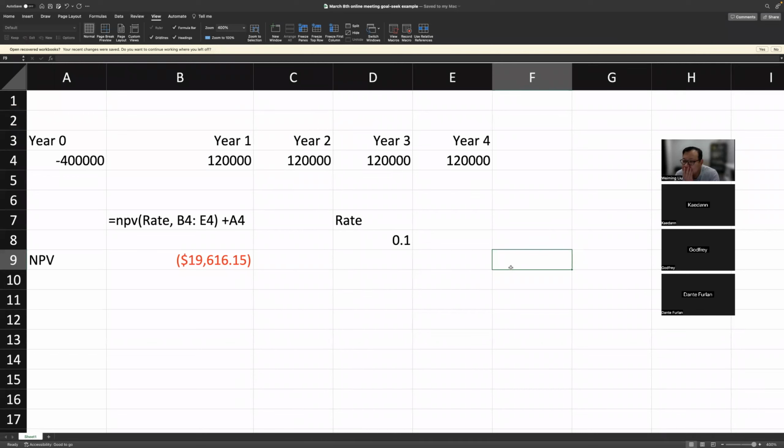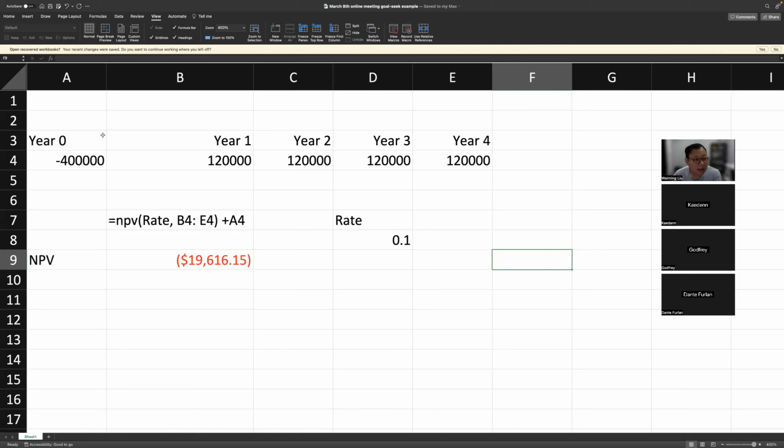Okay. So I have just shown you how to calculate net present value using the Excel sheet. Because two students just joined in, I have to repeat myself on this. So how can you calculate net present value using Excel? You set up like this: you have year 0, 1, 2, 3, 4.